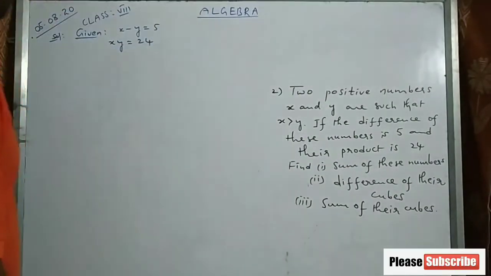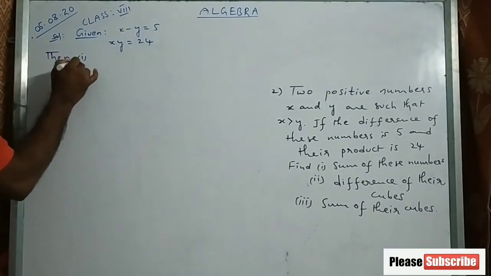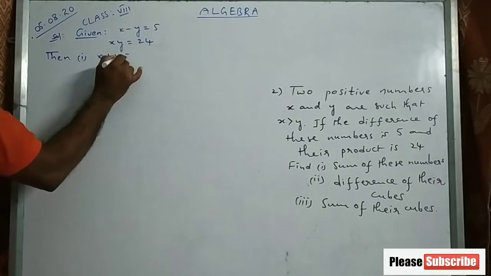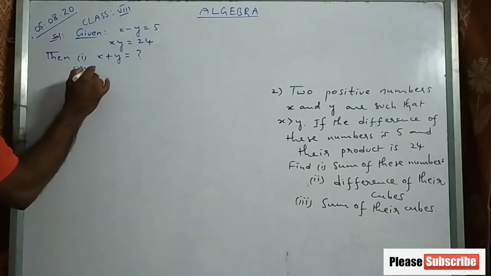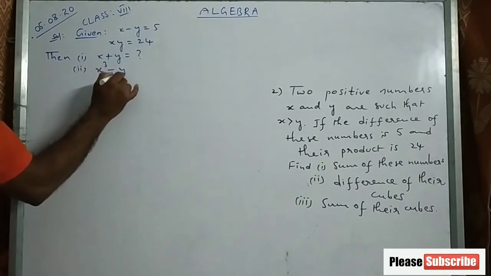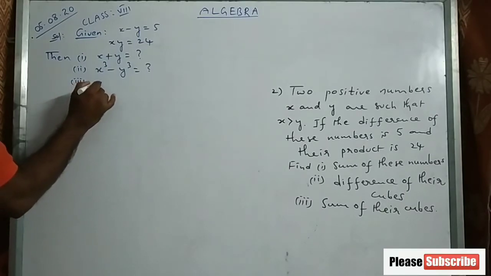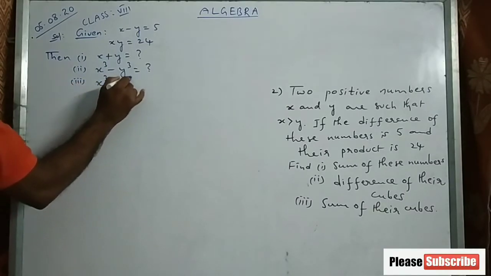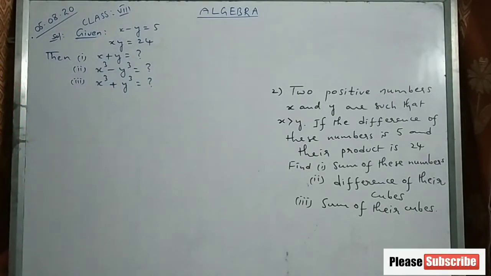What should you find? First, the sum of these numbers, x plus y. Second, the difference of their cubes, x cube minus y cube. Third, the sum of their cubes, x cube plus y cube. Okay, all three values we must find.